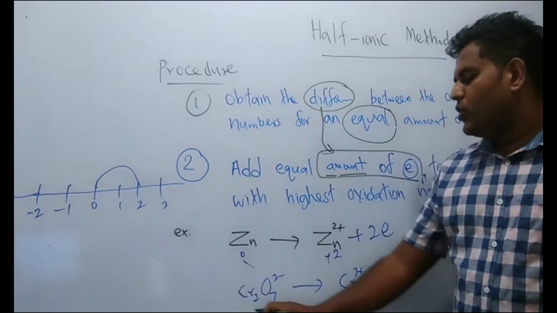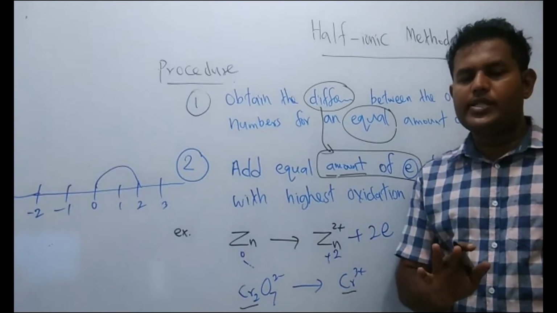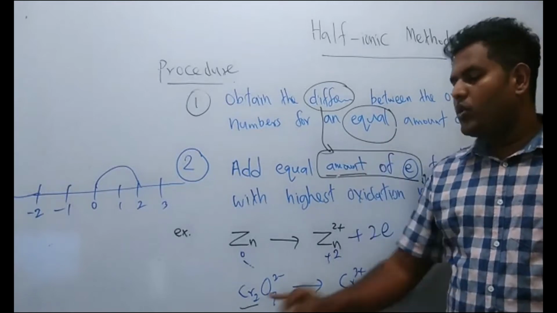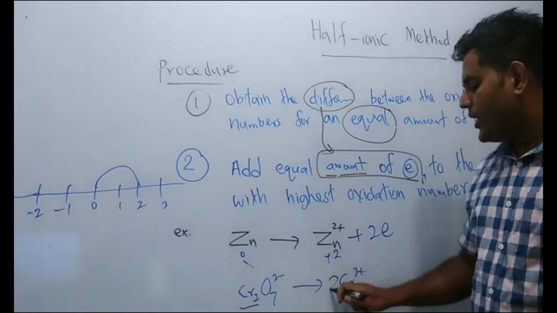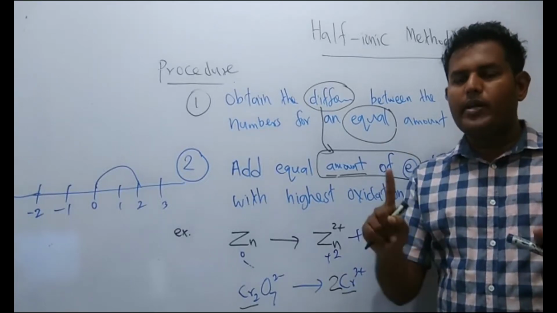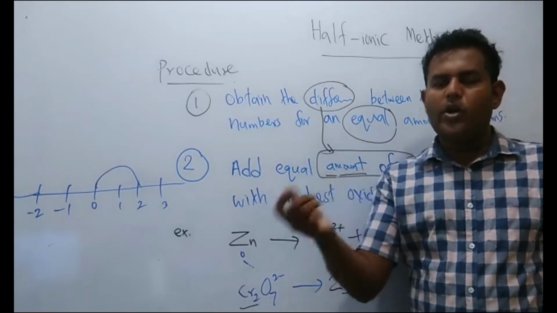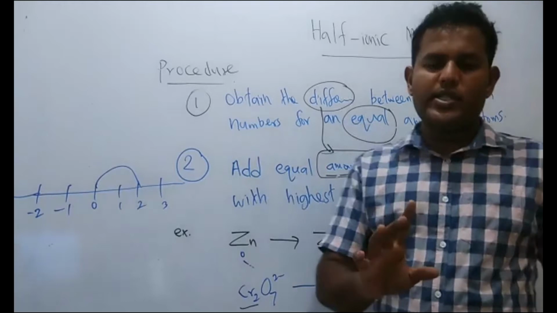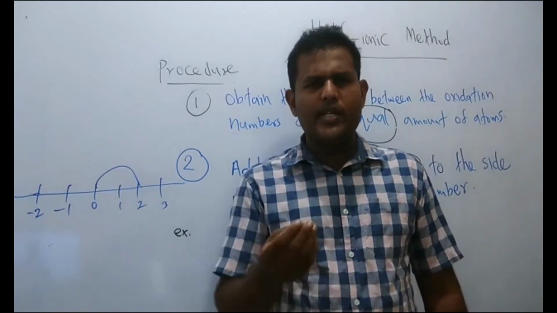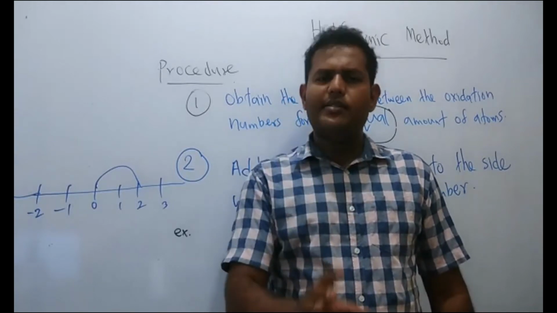Here we have 2 chromiums, and here we have 1 chromium. Don't take the oxidation difference like that. Make it for an equal number of atoms. As we have 2 chromiums here, we have to make it 2 and take the difference for 2 chromium atoms. When you determine whether it is oxidation or reduction, you can find the oxidation number for 1 atom, that is fine. But when you are balancing, that's incorrect.